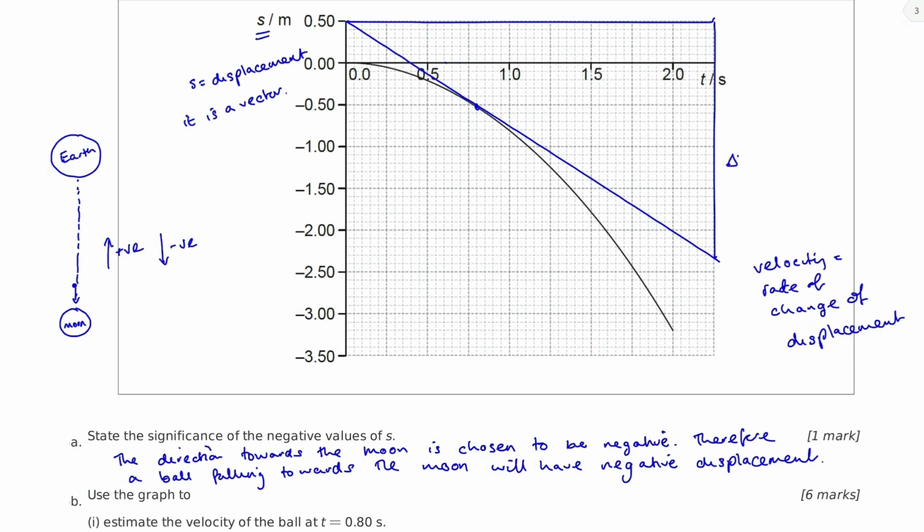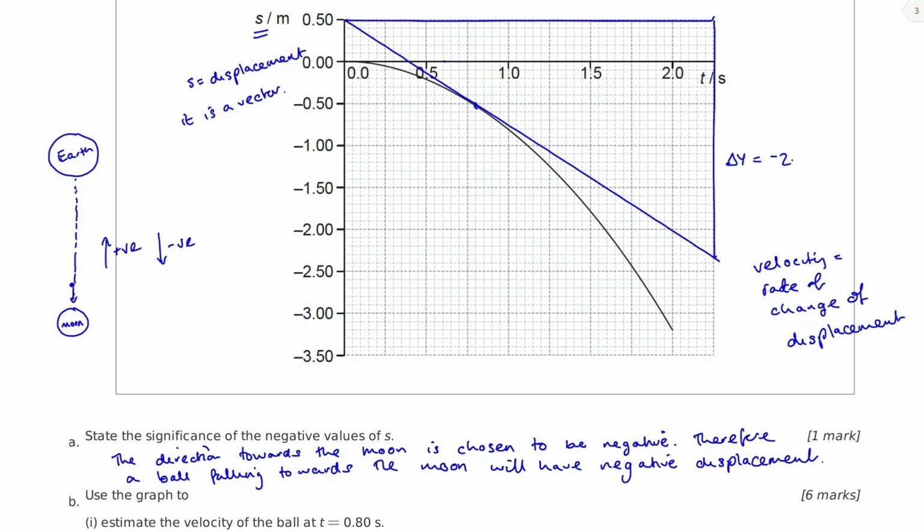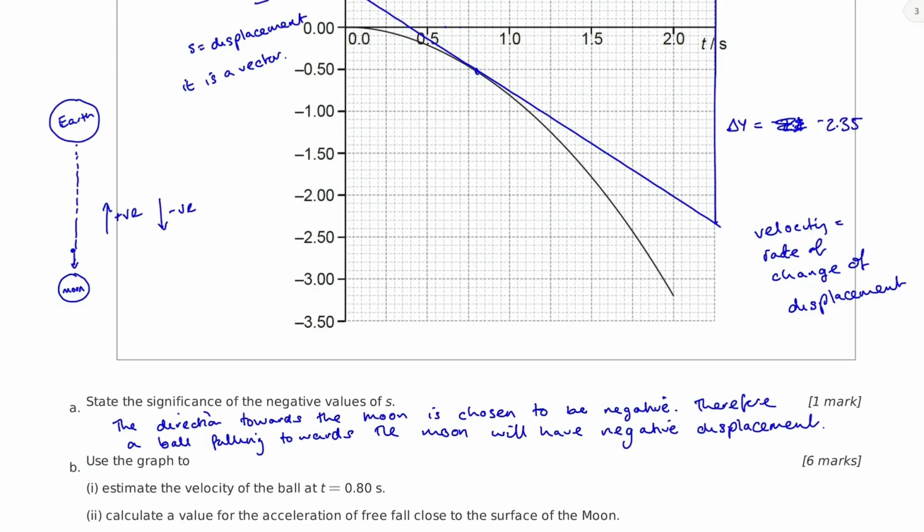Our delta y is equal to, let's go to there, minus 2.35, and our delta x is equal to 2.25. So let's go up a little bit.